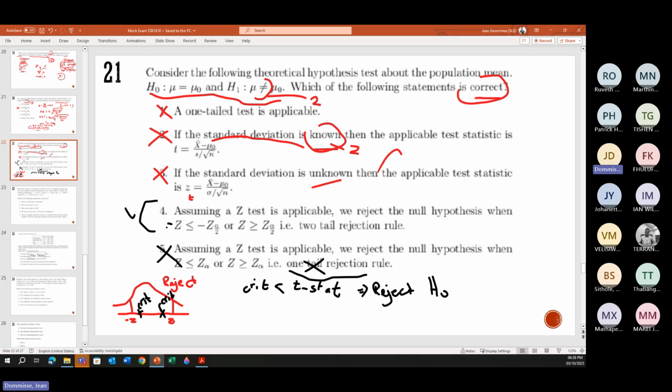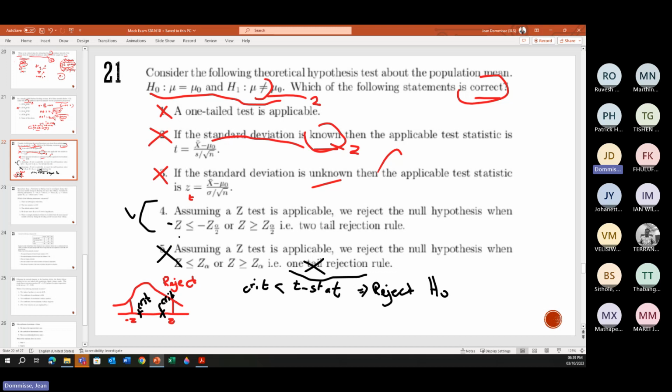My brain is looking at that minus Z and nearly also wanting the other one to be minus, because you're working with a two tail: on the one side you've got the negative, on the other side you've got the positive.